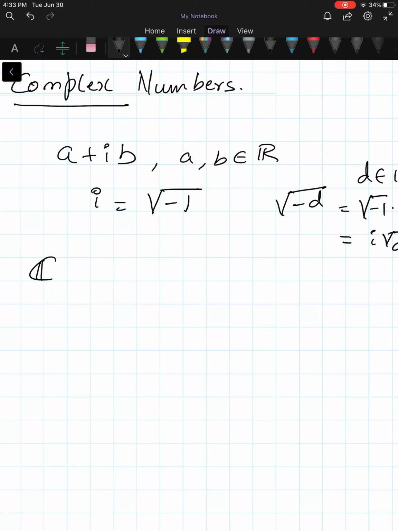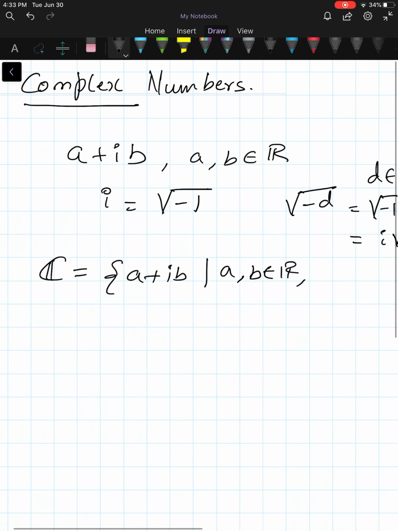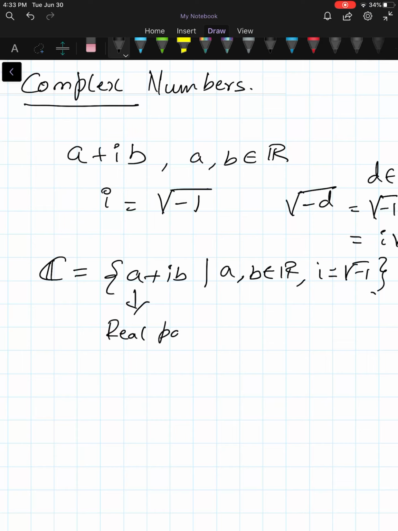So the set of complex numbers, which is denoted by C, is nothing but the set of all numbers of the form a plus ib such that a, b belong to R and i is the square root of -1. Here a is said to be the real part of the complex number, and b is said to be the complex part of the number.